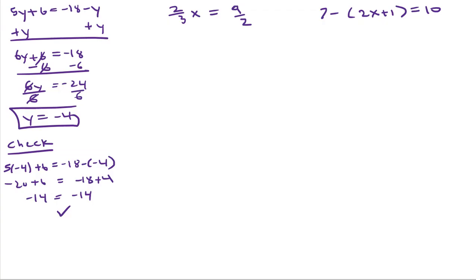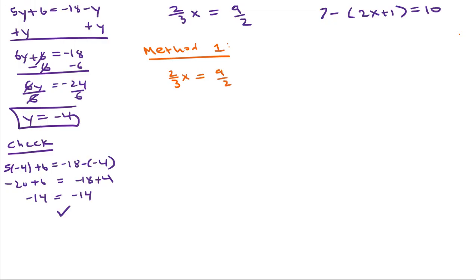Okay, the next one here, I'm actually going to show you 3 different ways to do this. So whatever works with your brain. Method number 1: we have 2/3 x is equal to 9 over 2.